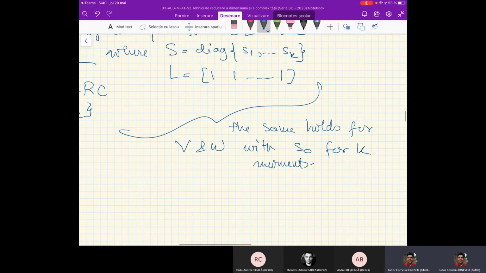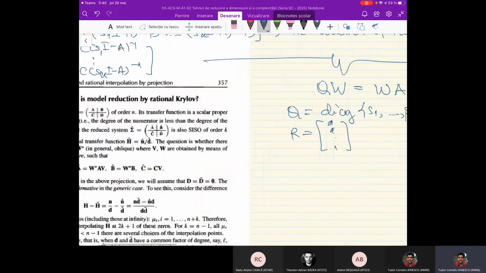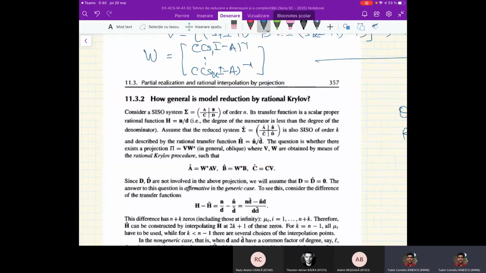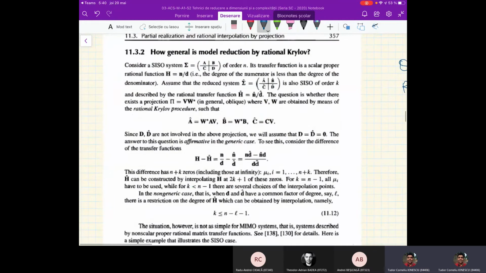It's the same matrix. You had this discussion in lab 5. You had an exercise like this in lab 5.